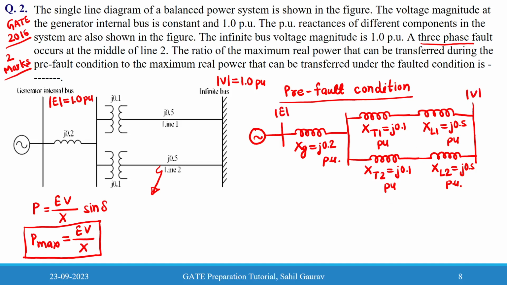We can see that here j0.6 and j0.6 are in parallel. So the whole of this we can write as j0.3 per unit, and j0.3 per unit is in series with j0.5 per unit.